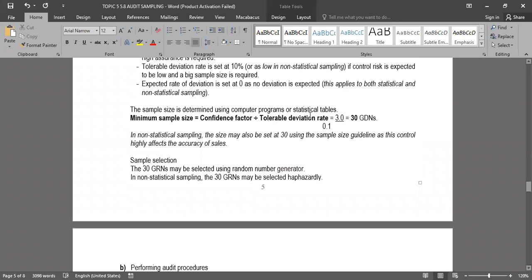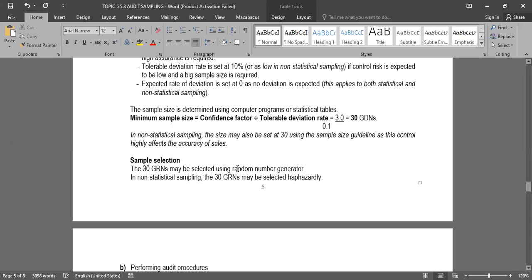Having said that, after coming up with a sample of 30, how do you select? How do I end up having the 30? This one is usually done using computer-generated figures.